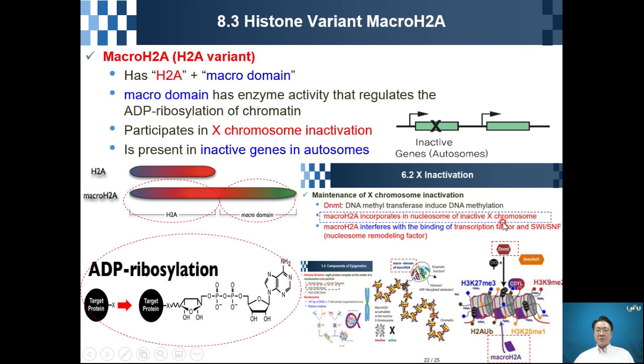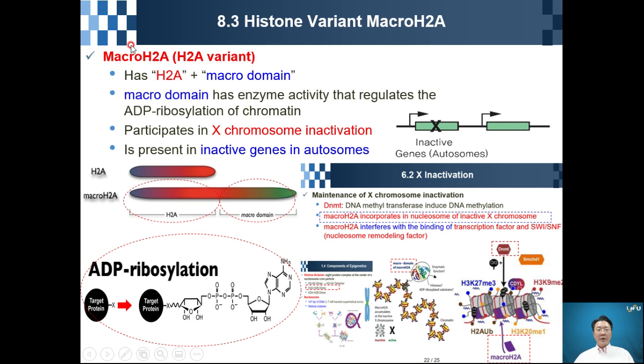So macro H2A is participated in X chromosome inactivation.